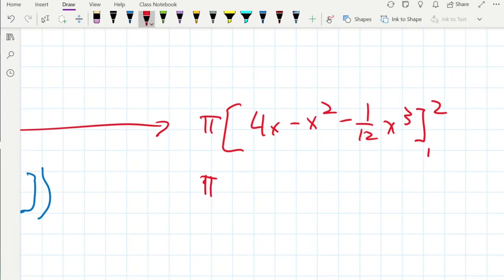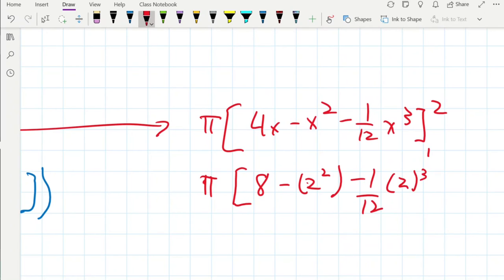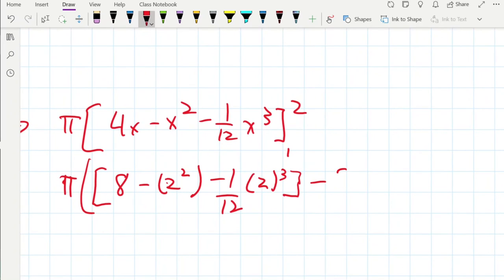All right, so that will be pi times 8 minus 2 squared minus 1 over 12 times 2 to the third power minus 4 minus 1 minus 1 over 12.